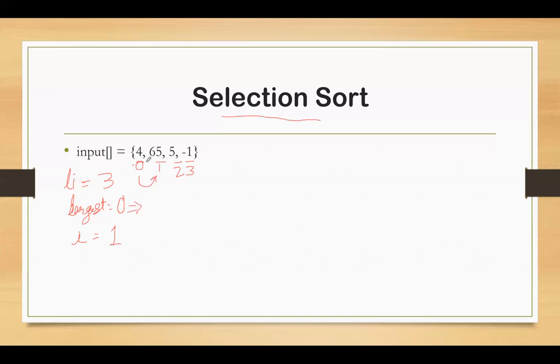In this case, since it is greater than the largest, we assign 1 to largest and then increment i by 1, which will make it 2. Now we will compare again the element at index 2 with the one at the largest index. So largest is at 1 now.